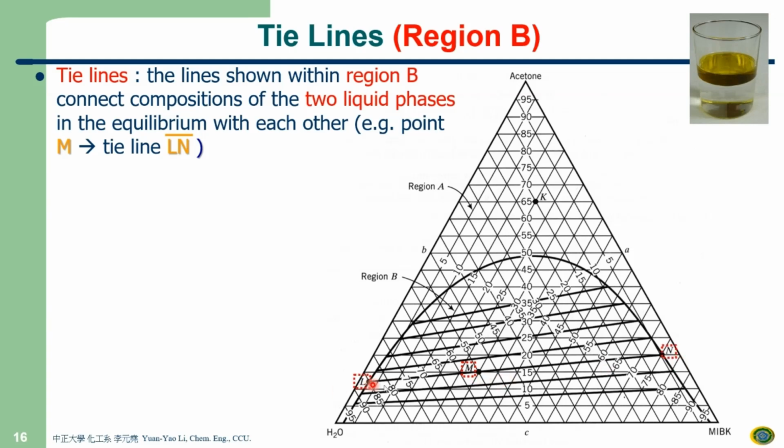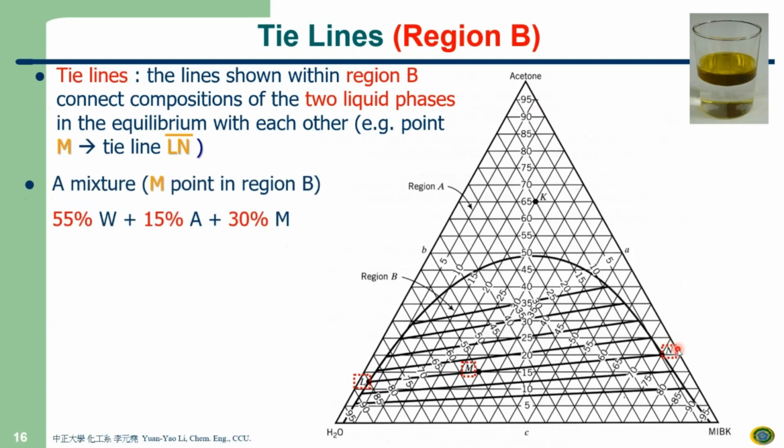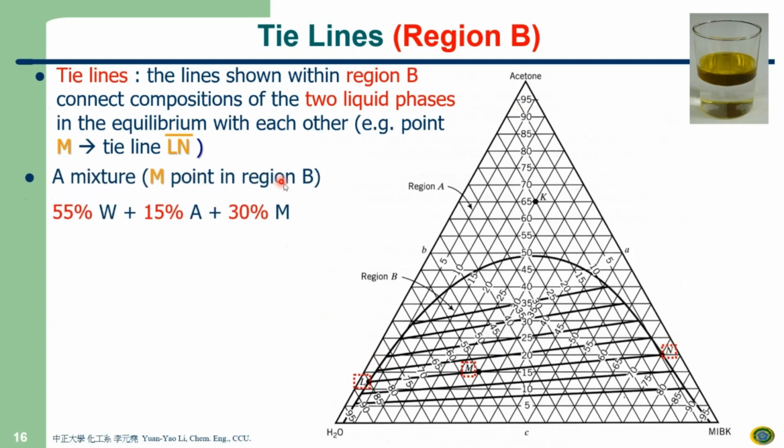For the mixture M point in region B, this total amount doesn't matter phase 1 or phase 2. So what's the composition of the water, acetone, and MIBK?